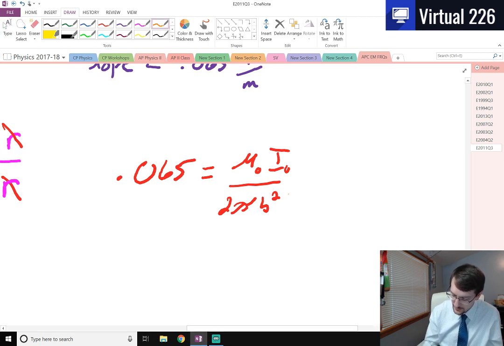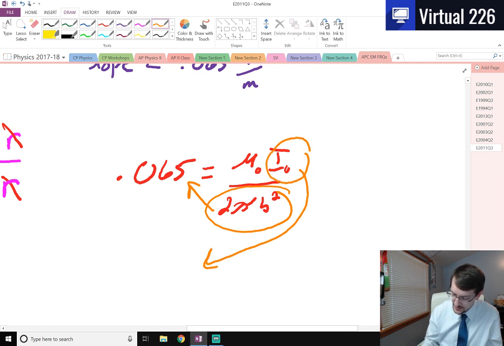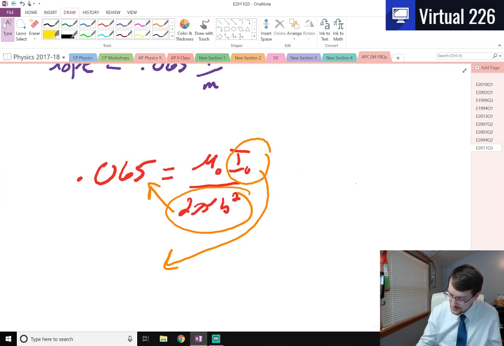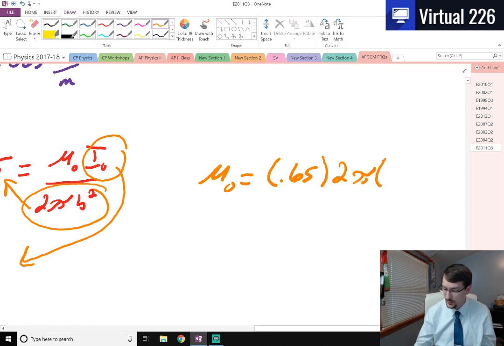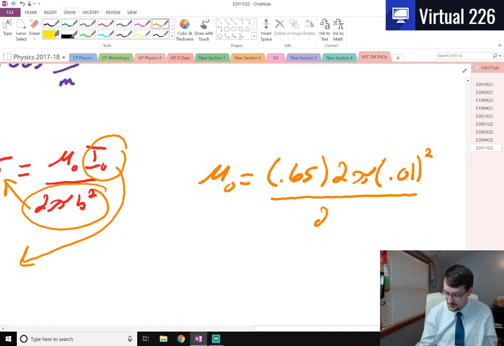By multiplying by 2 pi b squared, and then dividing by I naught, we can say that mu naught is equal to 0.065 times 2 pi. That b value is equal to 0.01. So 0.01 squared, because that's b squared, divided by the current, 25 amps.